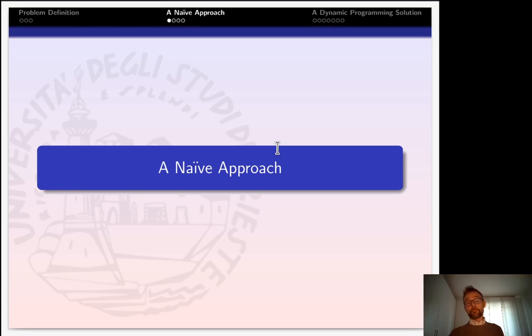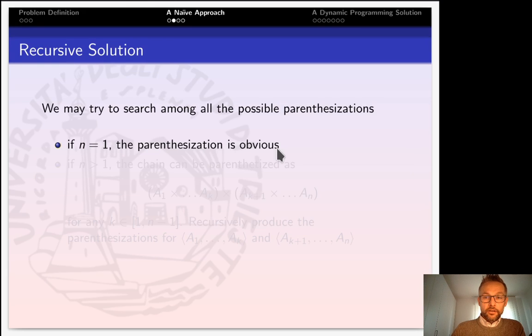So let's try to solve the problem in a naive way as usual. A possible solution would be to search for the best solution, a minimizing solution, among all the possible parenthesizations. Let's try a recursive approach to compute all the possible parenthesizations.